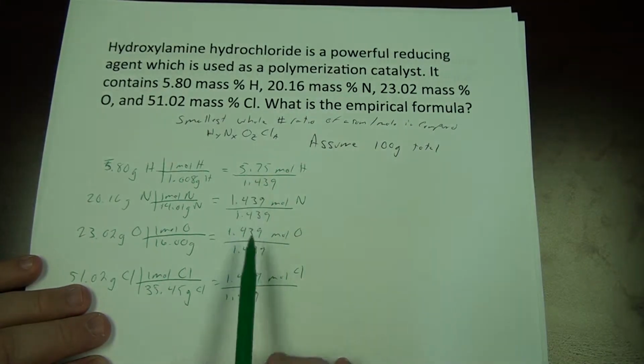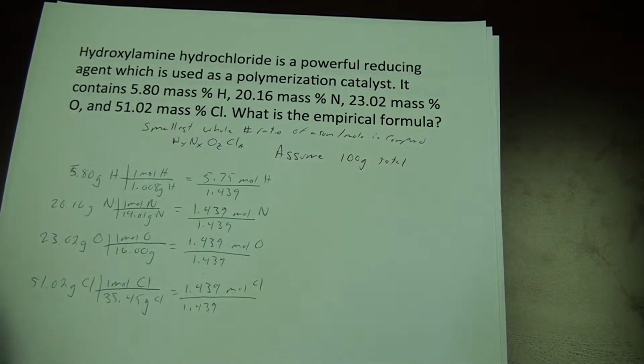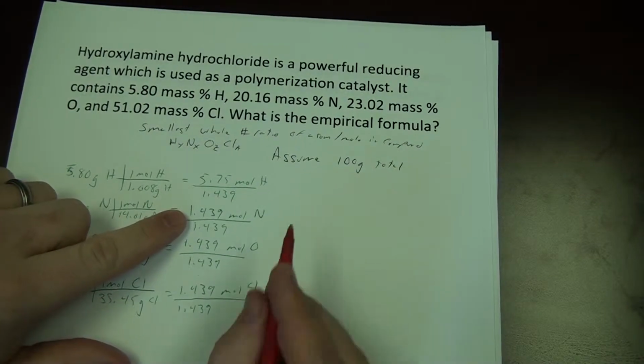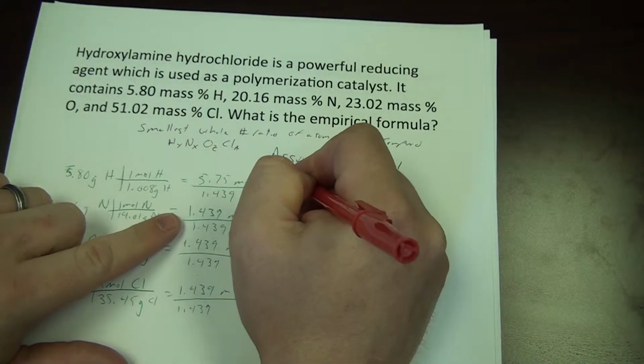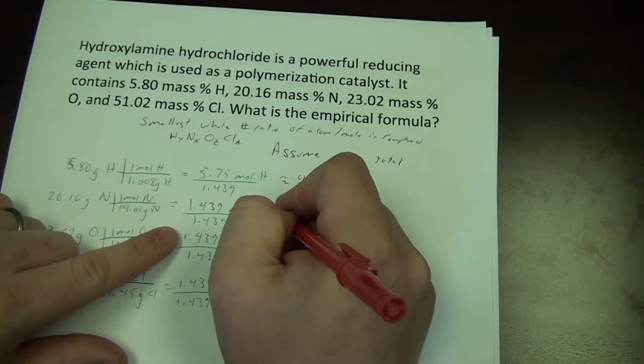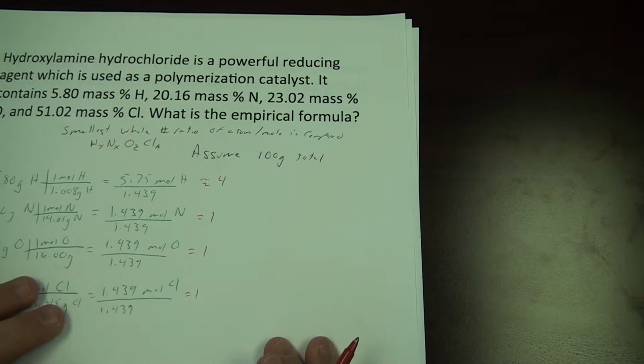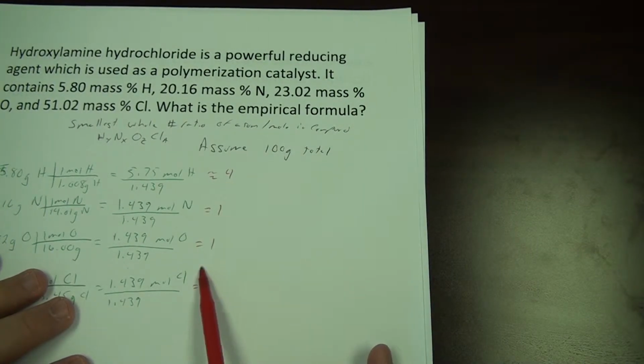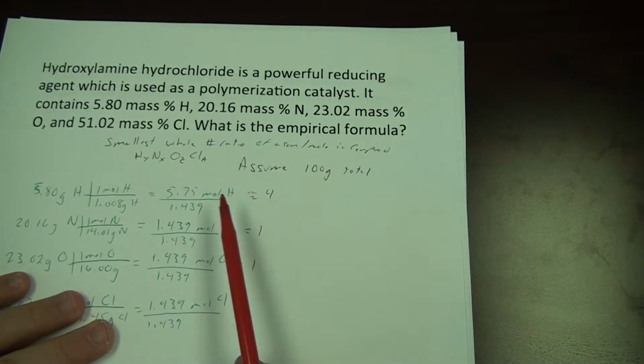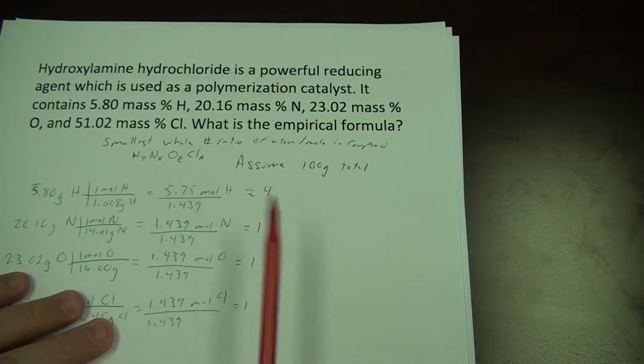When we do this, for hydrogen, it's the only one that's not 1; we have approximately 4, and each one of the others is going to be 1. Which means our empirical formula, these values go into this equation here.